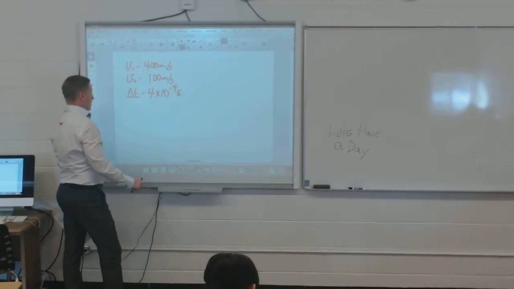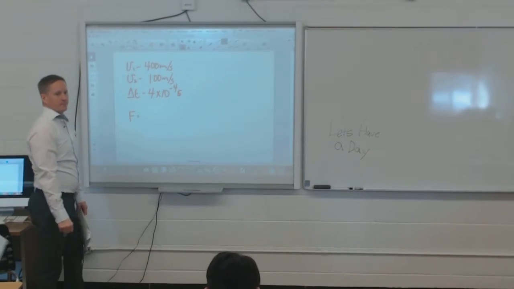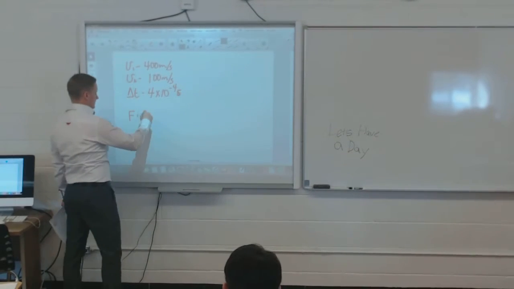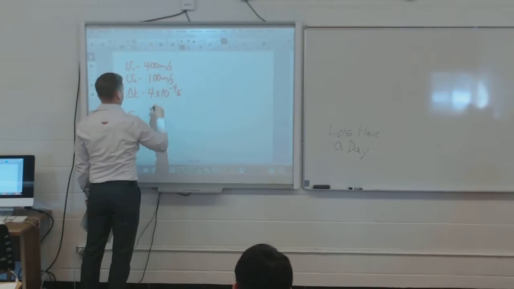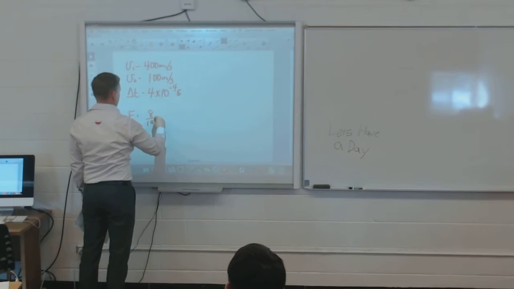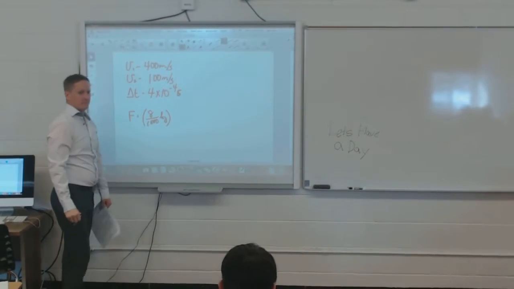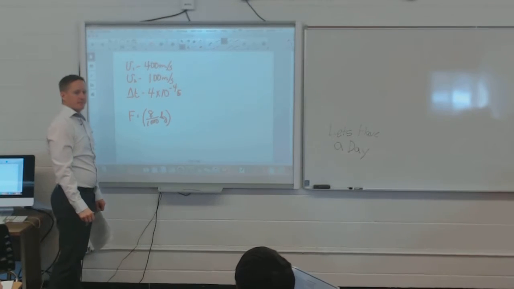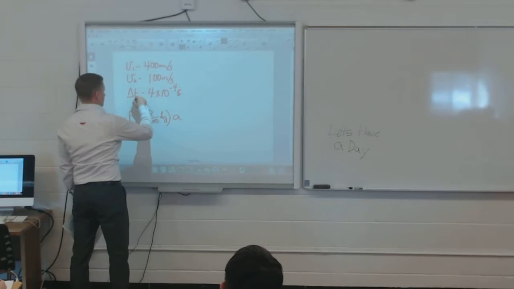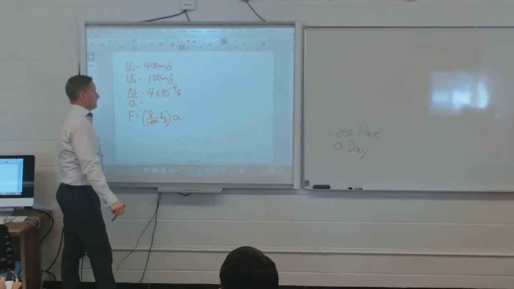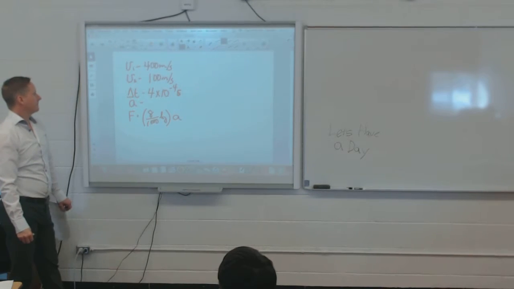All right, Morgan, what do I need in order to get my force? Acceleration and the mass. The mass is 8 grams. There's your mass. The acceleration would be the average velocity over time. Change of velocity over change of time.